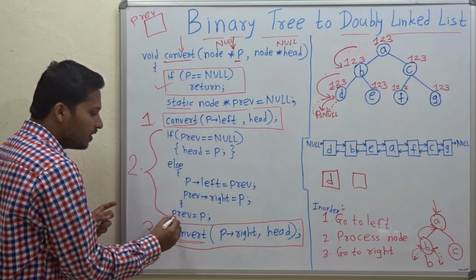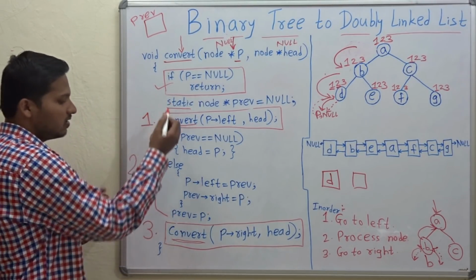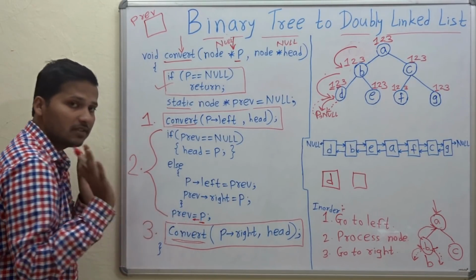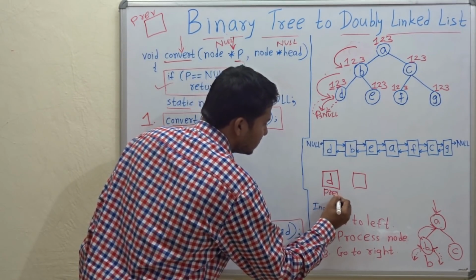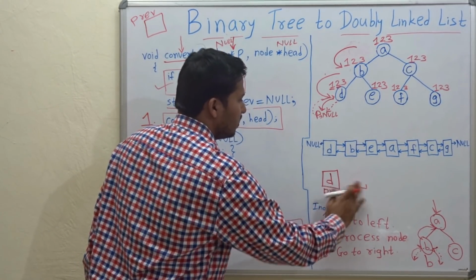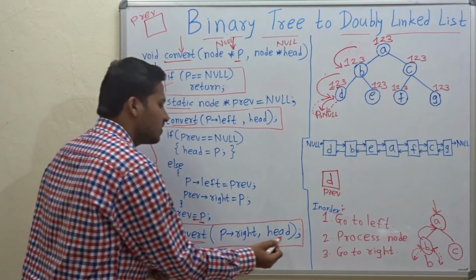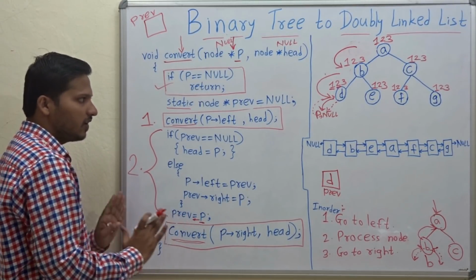So before going to the next node, meaning the next recursion, we make the current node the previous node. Okay, so this node becomes the previous node. Now let's see, convert P points right comma head. So that is the step in the in-order traversal.